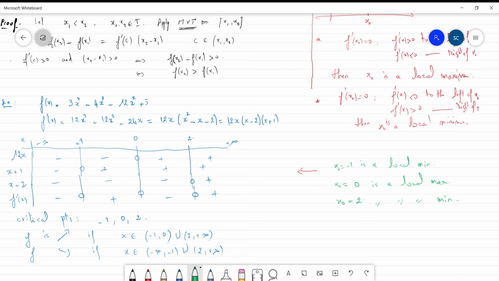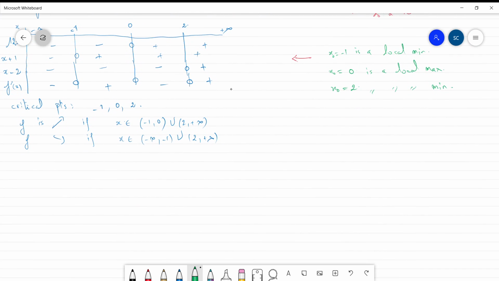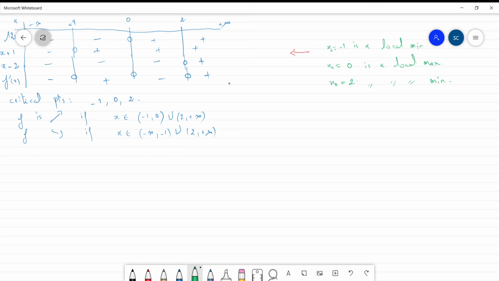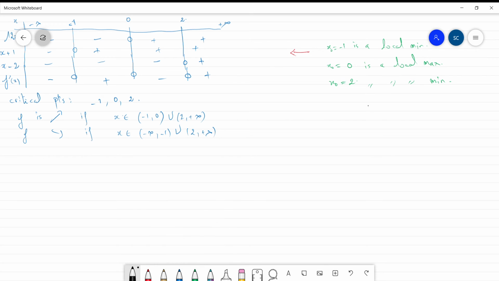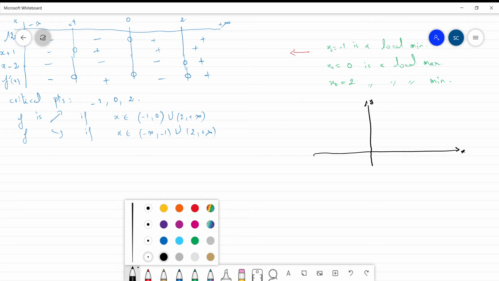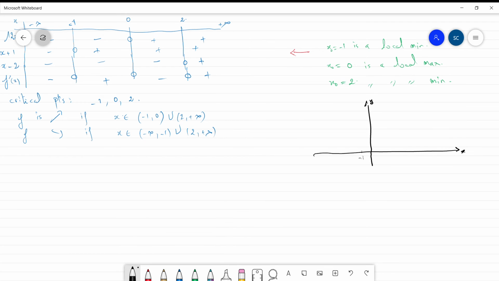Now suppose that I'm trying, with this information, to graph my function. Let's try to do it. I will draw the graph. We have three values, x, y, and let's say here is -1, 0.